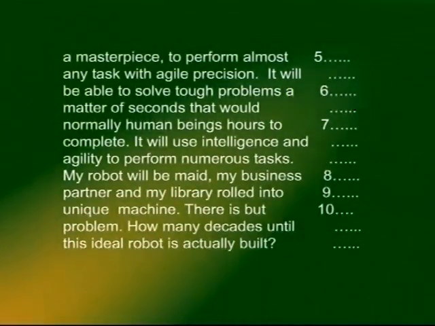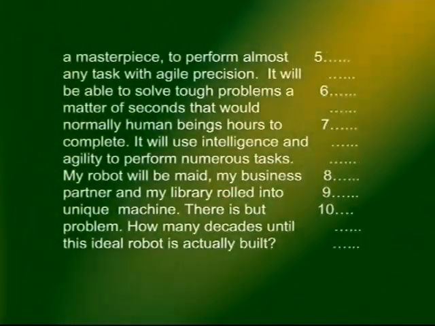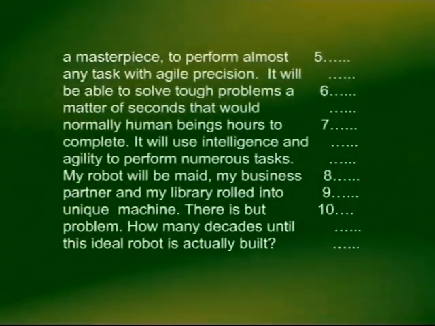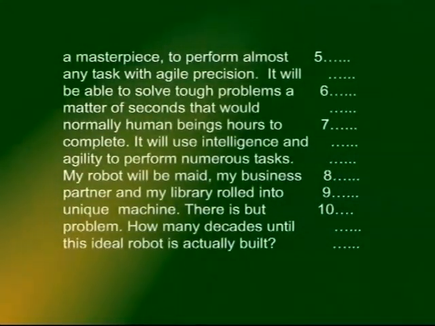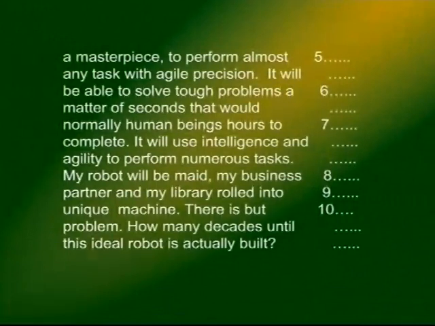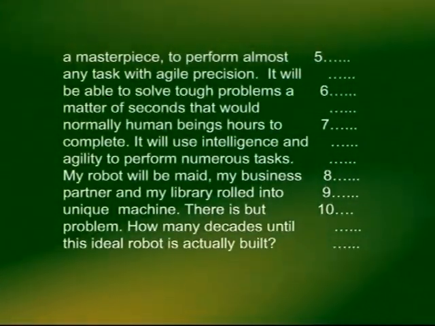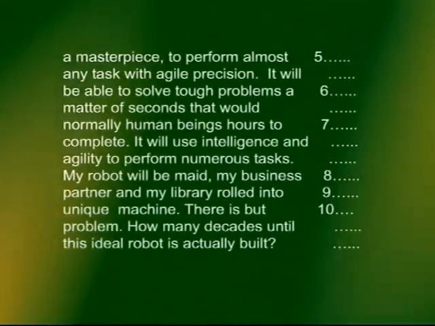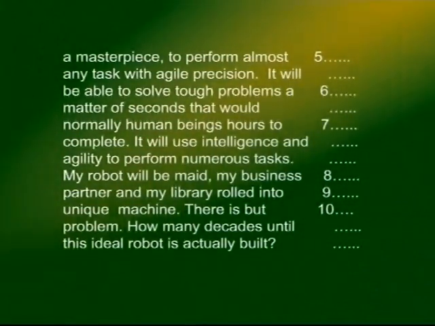Number 8, my robot will be made my business partner and my library. So you've got plenty of clues over there. You've got my business partner and you've got my library. So there's something missing. My robot will be my maid, so you can put a slash between be and maid.